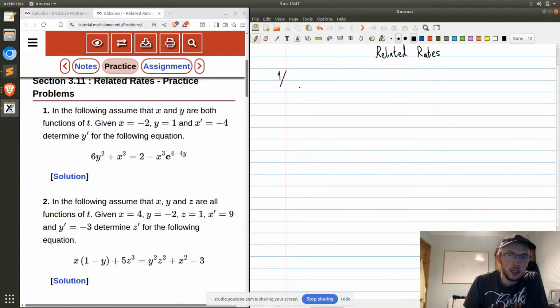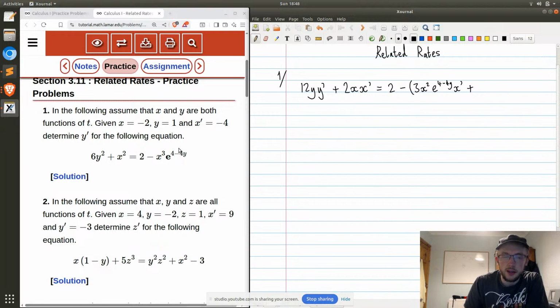Okay, so that would be 12y y prime, implicitly differentiating, plus 2x x prime, equals 2 minus, and then we have a product to contend with. So that'll be 3x squared e to the 4 minus 4y x prime plus.